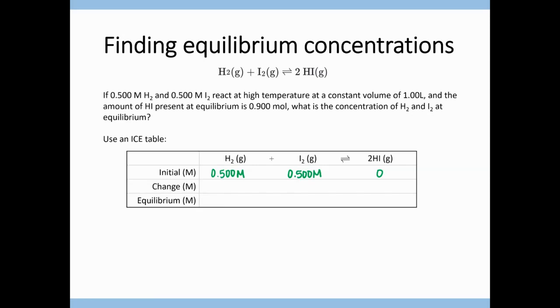We also know that at equilibrium, the concentration of HI is 0.9 molar. It says 0.9 moles, but we're in a 1 liter container, so 0.9 moles per 1 liter is 0.9 molar. So that's everything that's given.